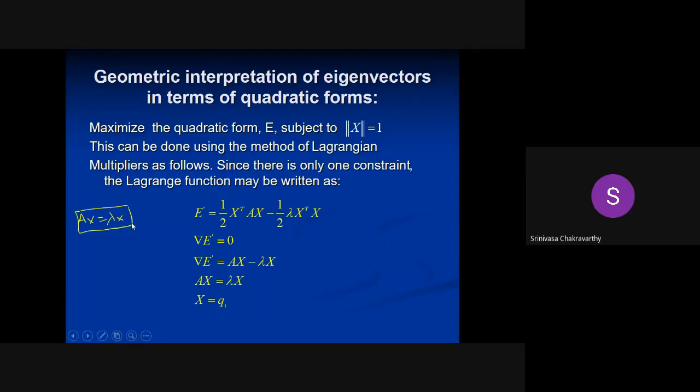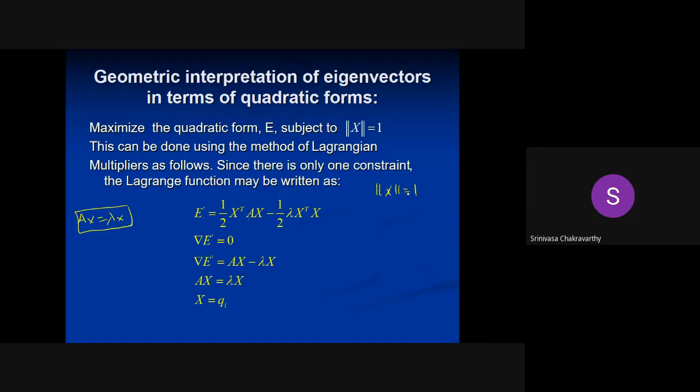But what is the meaning of this equation and how did you get it? One way to look at it is this Lagrangian function E prime equal to half of x transpose Ax. So take the quadratic form corresponding to A and then add the constraint mod x equal to 1. So basically I'm trying to optimize the quadratic form under the constraint mod x equal to 1.